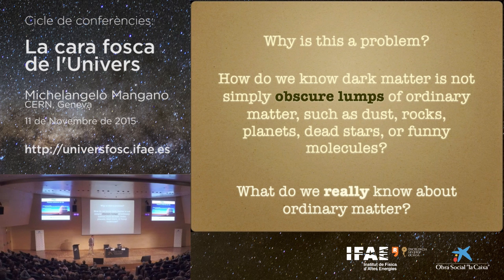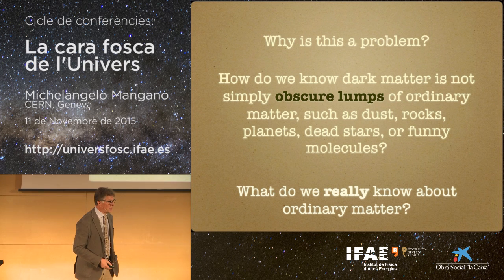Now, why is it a problem? Because I just told you that there has to be much more mass than we see in the forms of galaxies and stars. And of course, you know, there are many things that we don't see because they're not visible. If we turn off the light at night, we don't see anything. And it doesn't mean that there are invisible objects, it's just that we don't see them, but it's objects that we are surrounded by.